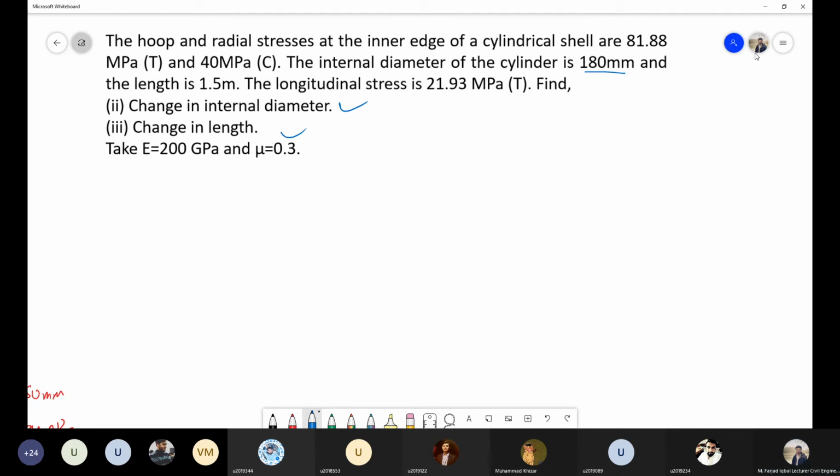So, and by the way, this term over here is not mu, it is nu actually. So you can just make this correction. So if I write the parameters, the hoop stress is 81 megapascal and the radial stress is minus 40 megapascal and the longitudinal stress is 21.93 megapascal.